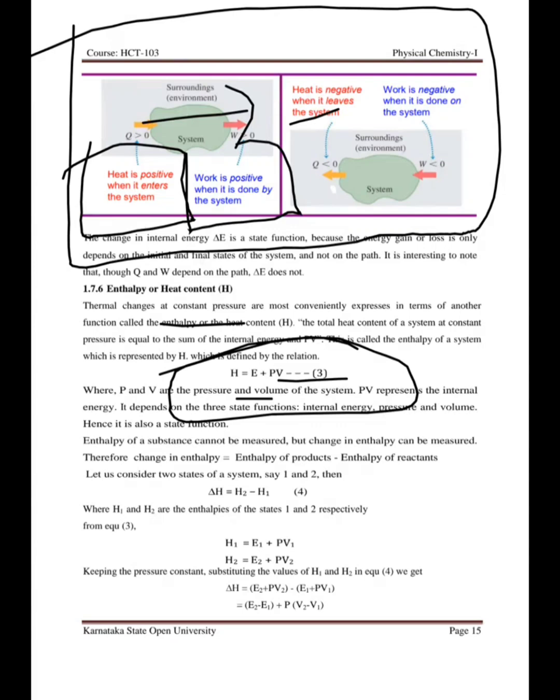If you subtract, you get the change in enthalpy. Enthalpy is the sum of internal energy and pressure times volume, denoted by H equals E plus PV.